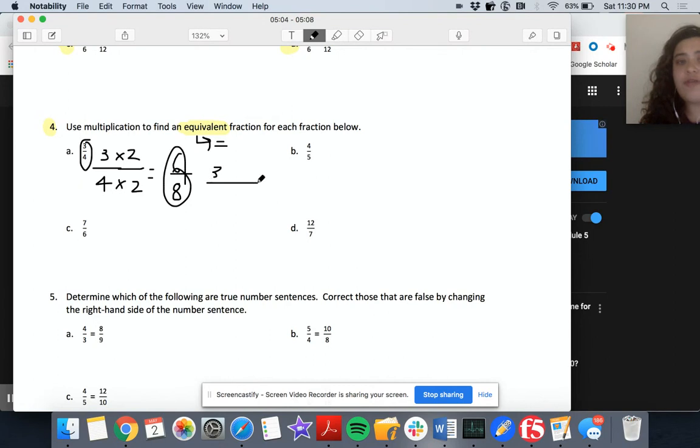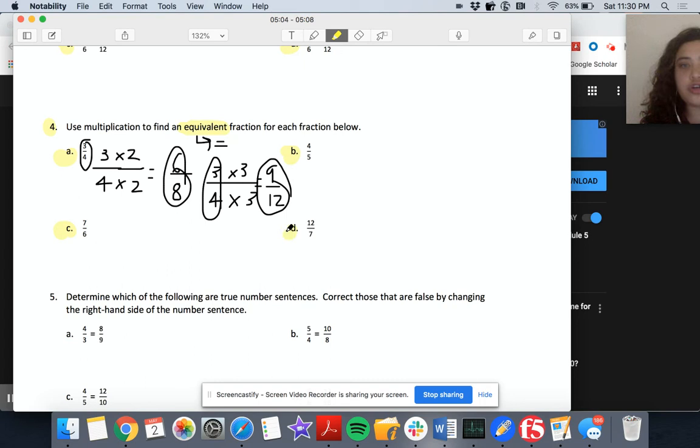I could have gone ahead and multiplied 3 and 4 both by 3. 3 times 3 is 9. 4 times 3 is 12. Okay, so I also could have said that 3/4 is equal to 9/12. So you could multiply it by any number you want.